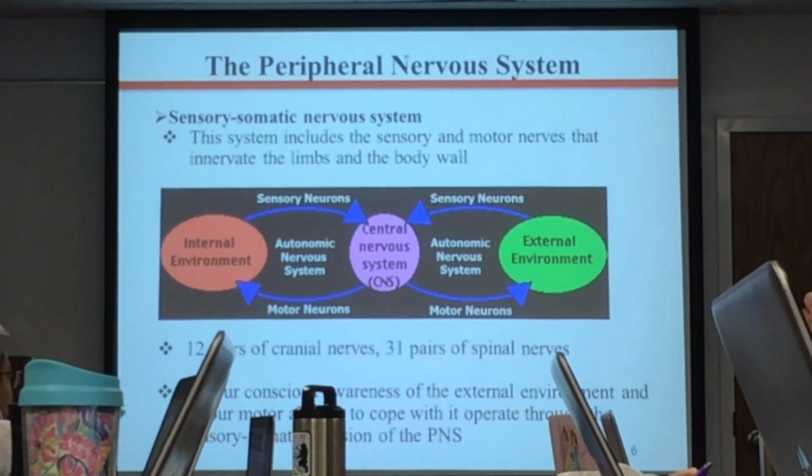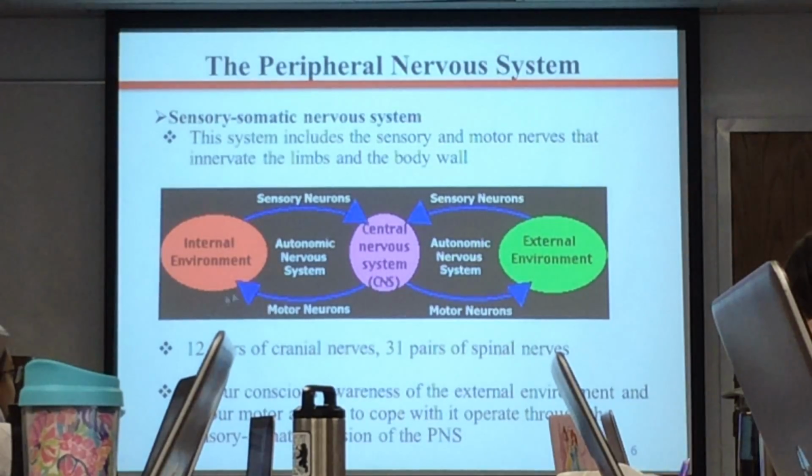So if you look at here, if there's external stimulus or internal stimulus, the sensory neuron sends information to the central nervous system here, and then it gets processed. Then the CNS sends information through the motor neurons in response to the stimuli. Okay, so this part is all the voluntary somatic nervous system.